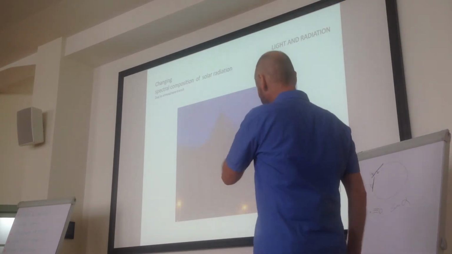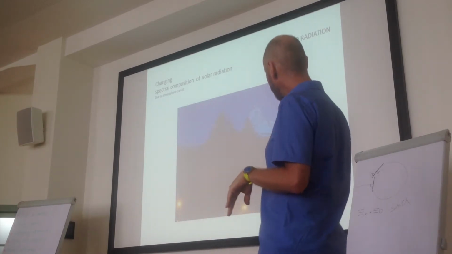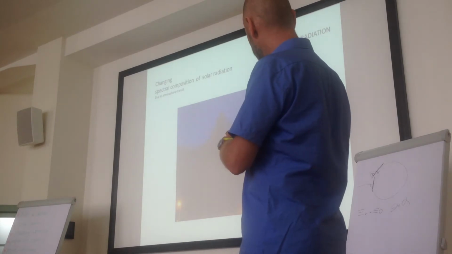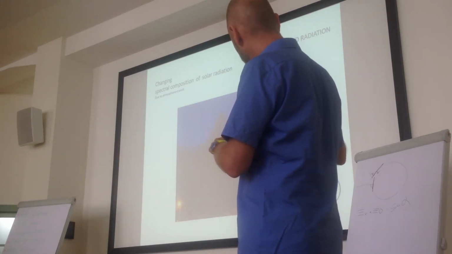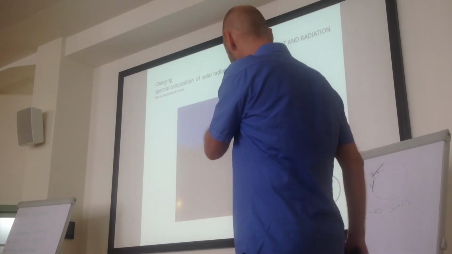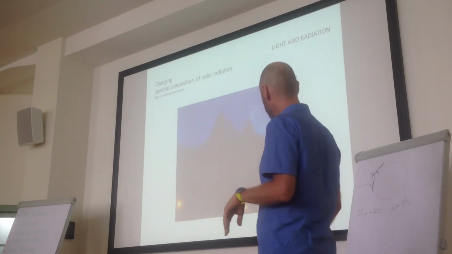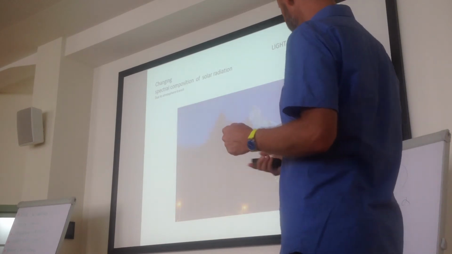And this picture was taken just before sunrise. And I would like you to have an eye on the color of the sky and on the color of the mountain and the surfaces of the forests and all those things that are visible here. As I said, this picture was done just before sunrise.